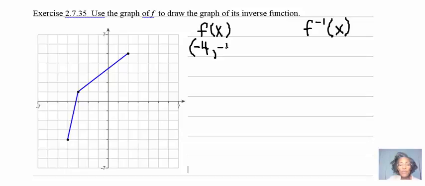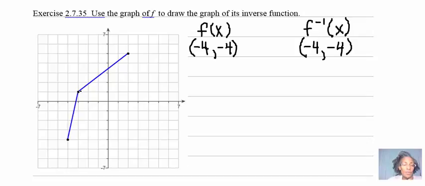The coordinates are negative 4, negative 4. All I have to do is interchange the x and the y to get a point on the graph of the inverse. Now, since the x and y are the same, this point lies on both the function and on the inverse. So this is a point that the two functions have in common.